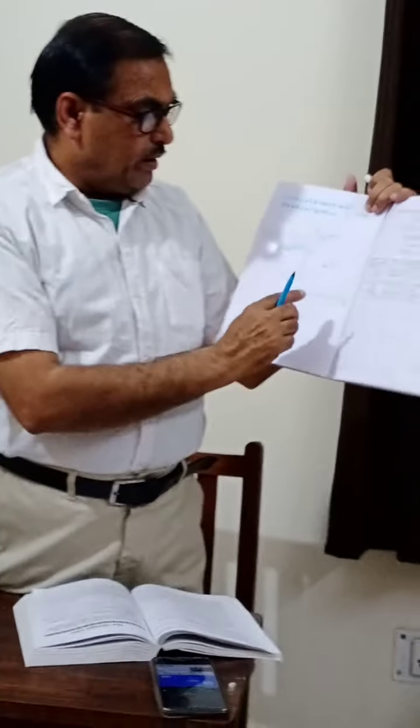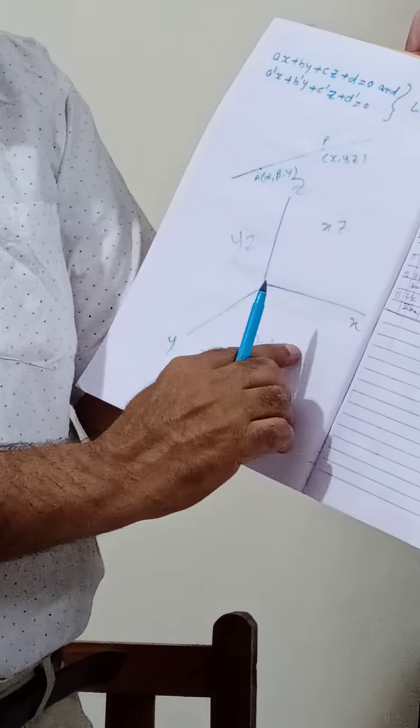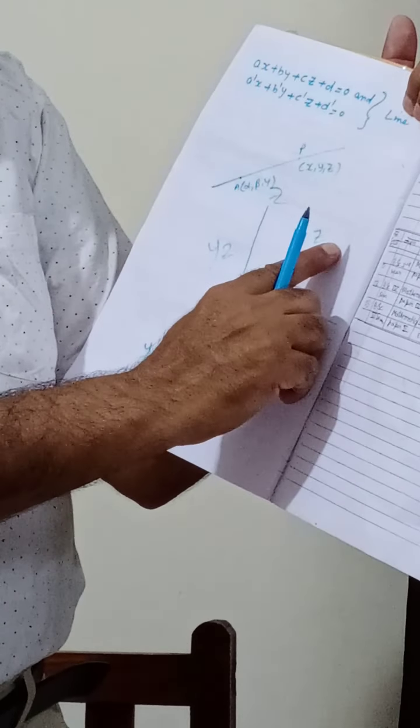You know that, from the figure you can see that the x-axis is the line of intersection of the xy plane and the xz plane.